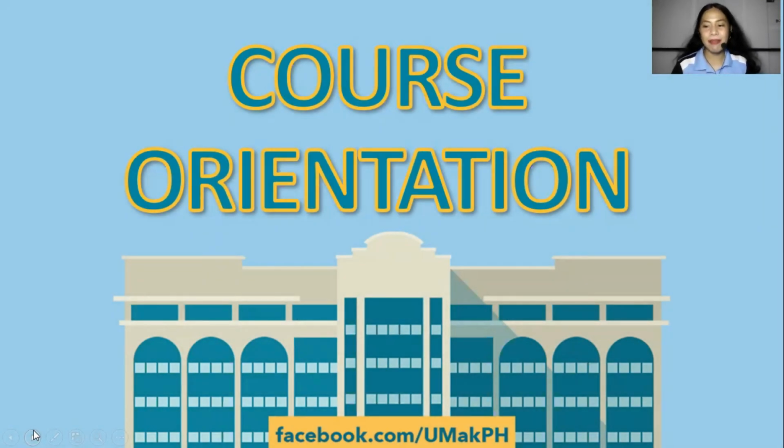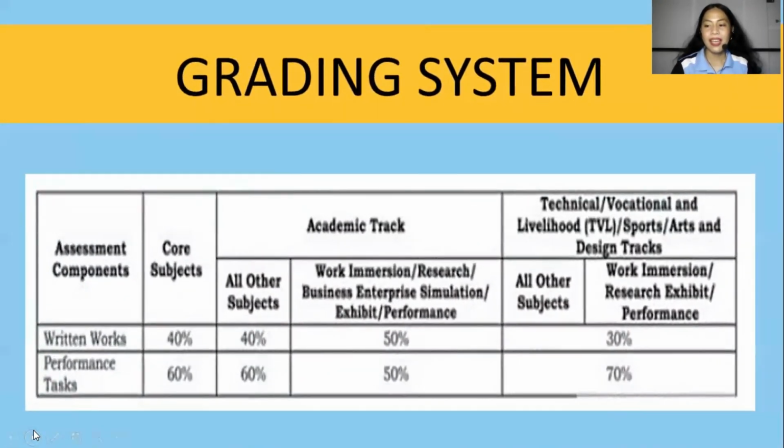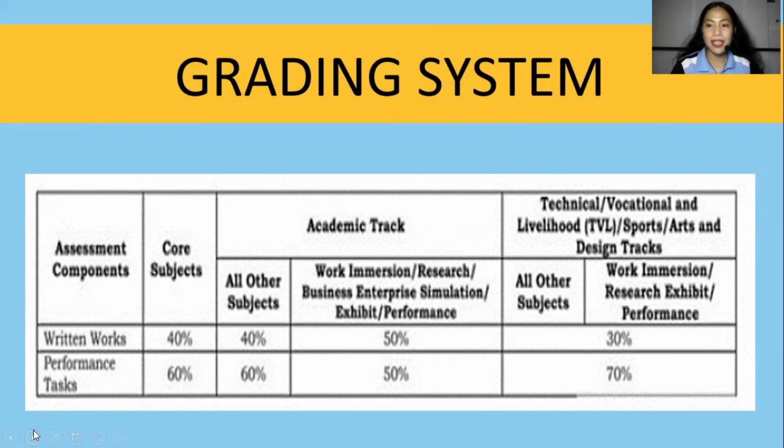Now, because of the pandemic and the modality of our classes, there are only two components of your grades: the written works and the performance task. This picture I'm showing you is from DepEd. For core subjects like Reading and Writing, written works comprise 40% and 60% of your grade comes from performance task.